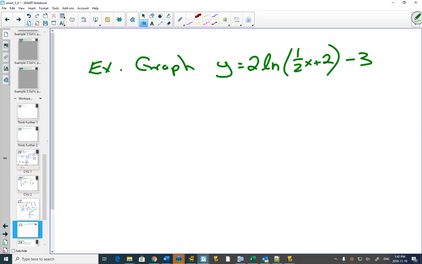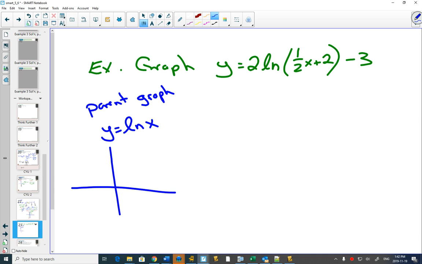So you have to know that your parent graph is y equals the natural log of x, which, just like every other log graph, has x equals 0, a point at (1, 0), and what's the other point? (e, 1).